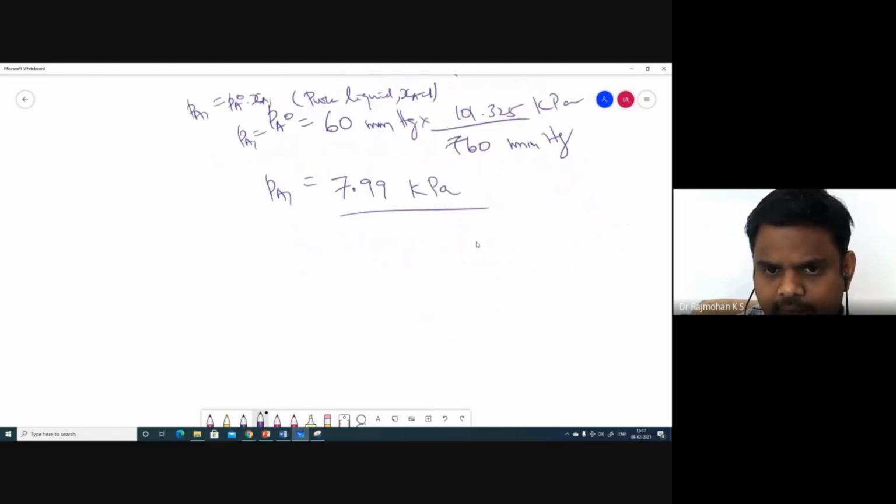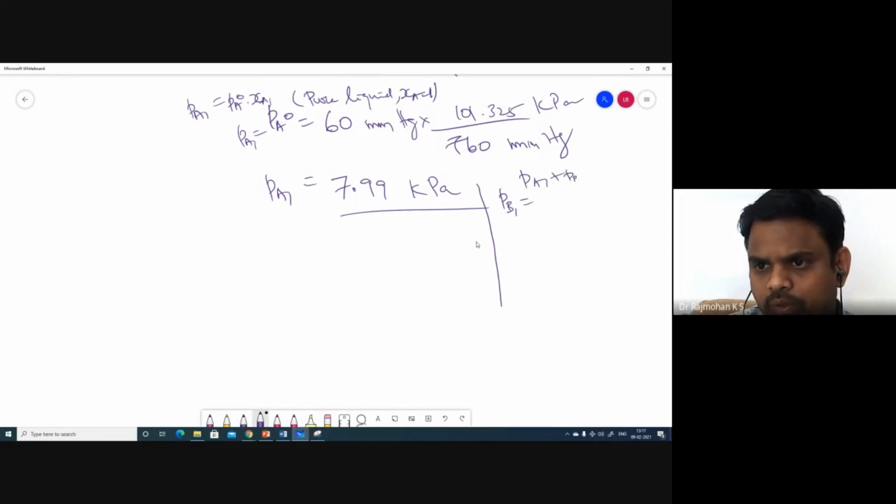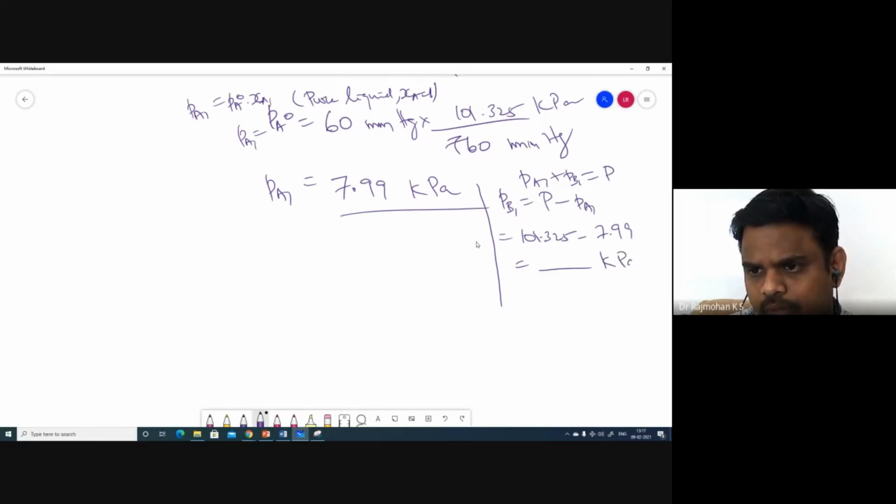Okay, so if you know PA1 value, parallelly we can get PB1 value also. We know PA1 plus PB1 is total pressure. So total pressure minus PA1 gives us PB1. So 101.325 minus 7.99 gives us the PB1 value.